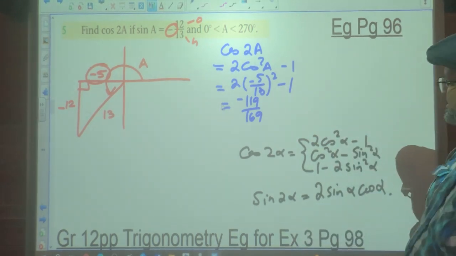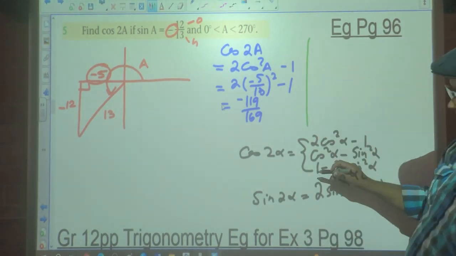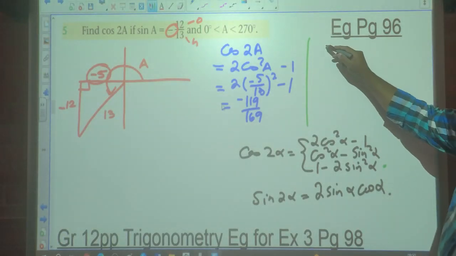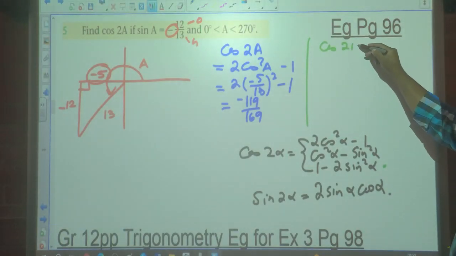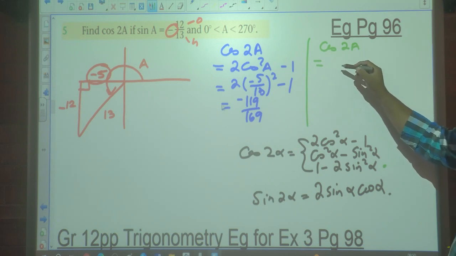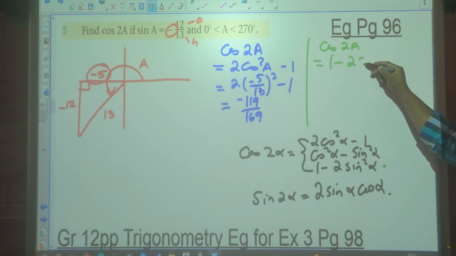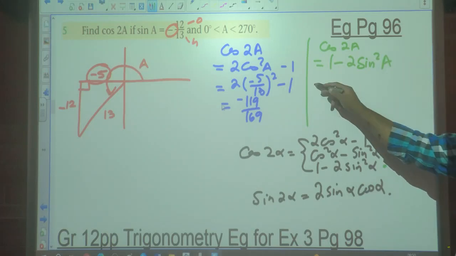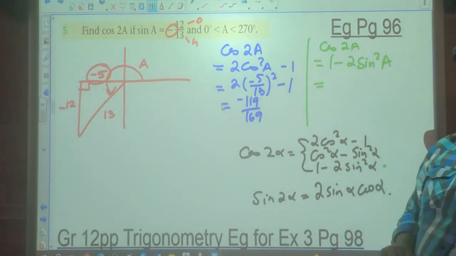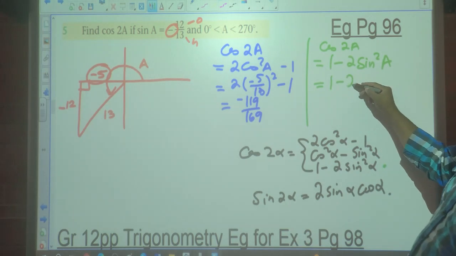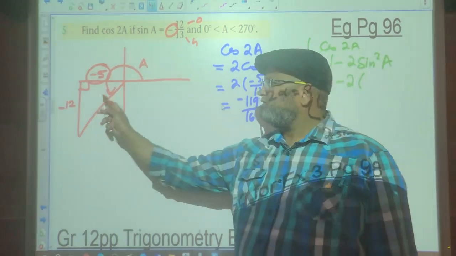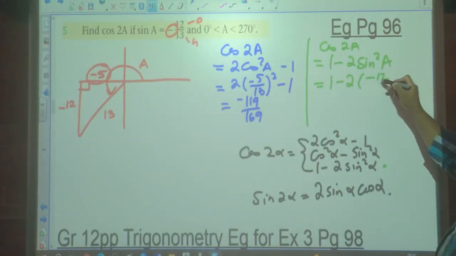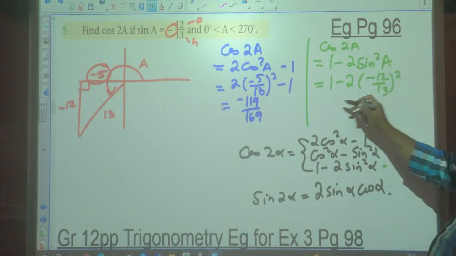But Ms. Haas says she's a sine kind of girl. So rather let's use sine and see what answer she would have gotten. What answer do you think she's going to get? Same. Why? Because the identities are equal to the same cos 2a. So it's going to be 1 minus 2 into, what does sine stand for? Opposite over hypotenuse. So it's negative 12 over 13 squared.